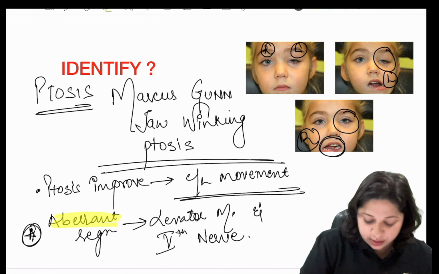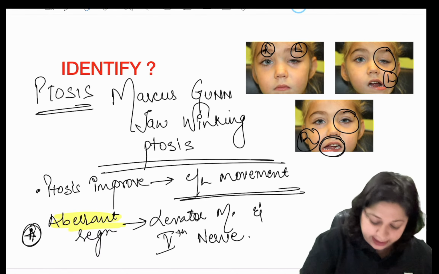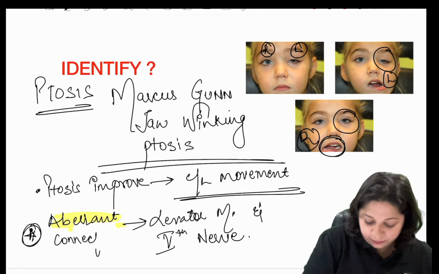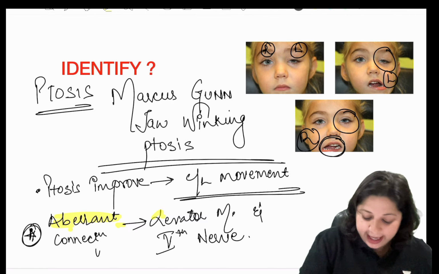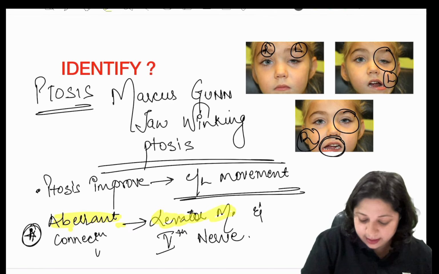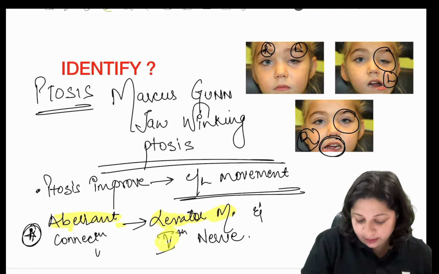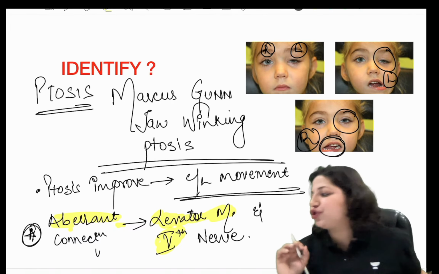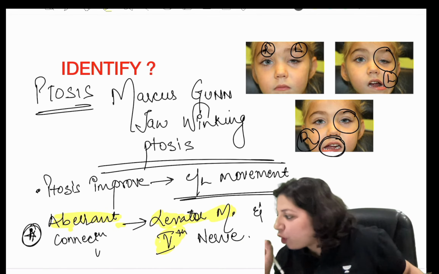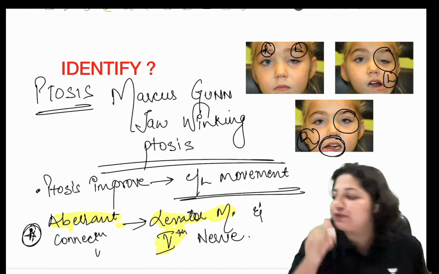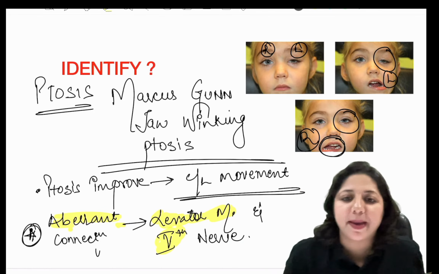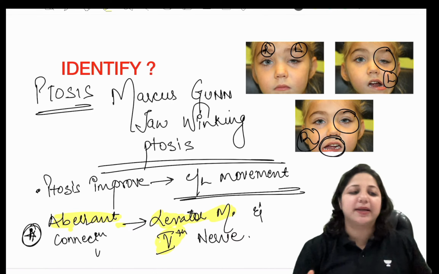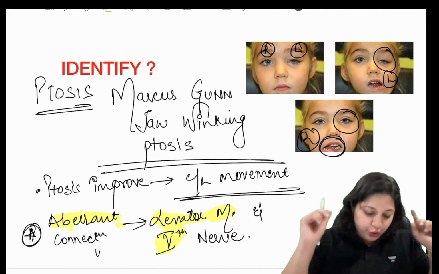The aberrant connection, I will not call it regeneration, but the aberrant connection is between the levator muscle and the fifth nerve. Right? So this is Marcus Gunn jaw winking ptosis. Opposite side movement, ptosis improves. Very good. This is a very good way of remembering. If you can write it on the chat box, you will remember it. So this is called Marcus Gunn jaw winking ptosis.